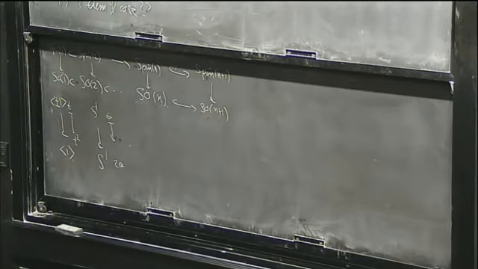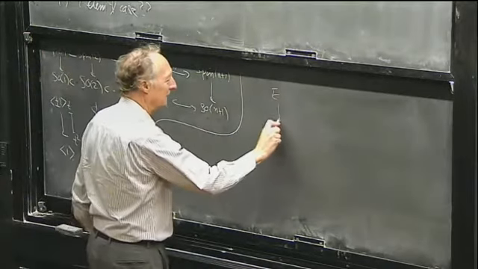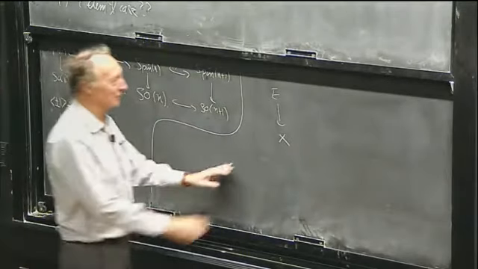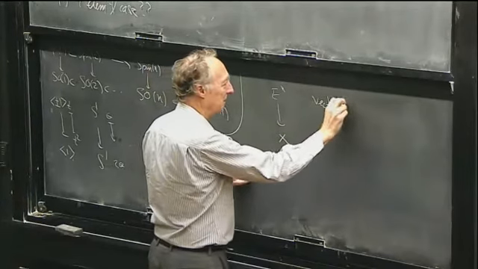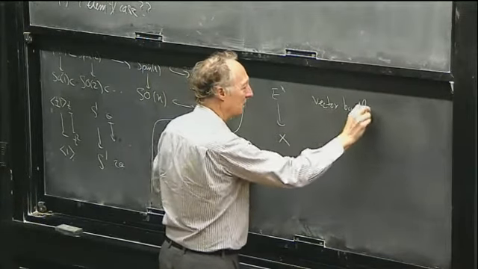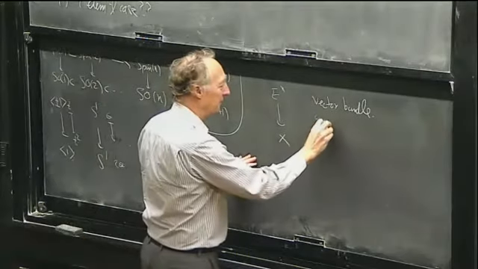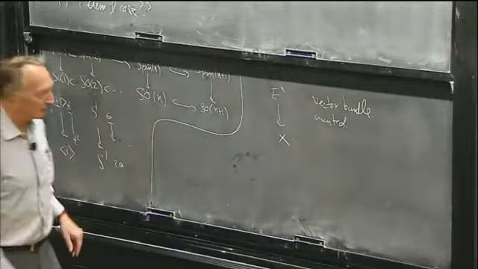Let me talk about spin structures on bundles. Suppose we have a vector bundle over a space. This is an n-dimensional real vector bundle. It needs to be oriented, because we're talking about oriented things here.